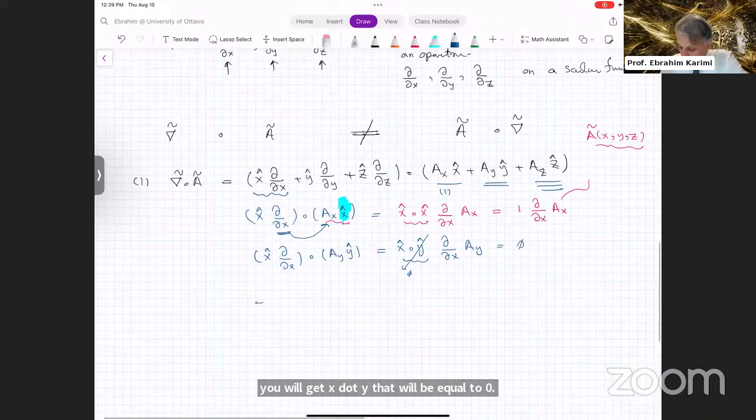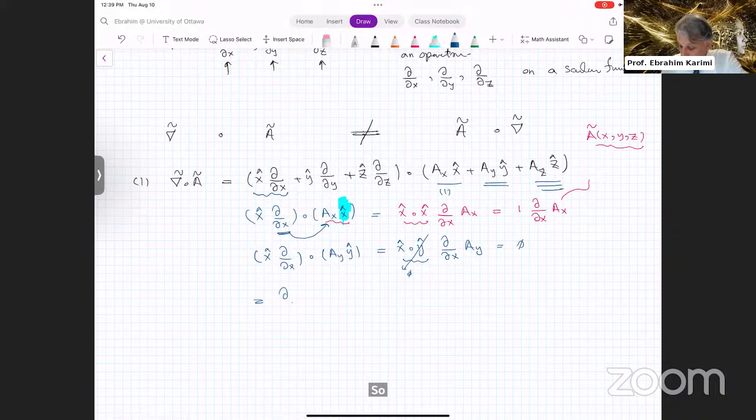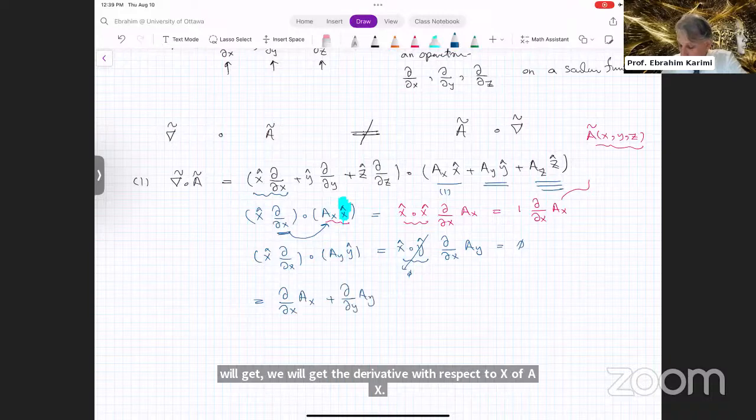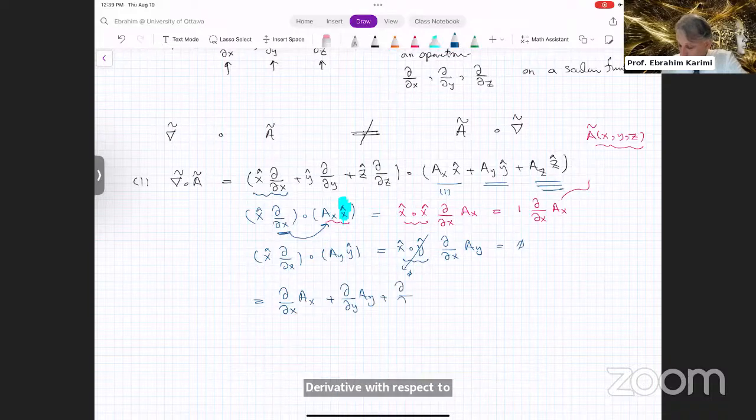So if you do all of the calculation, you will get the derivative with respect to x of ax, plus the derivative with respect to y of ay, plus the derivative with respect to z of az. Lovely.